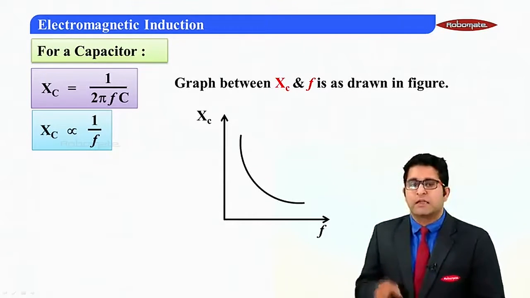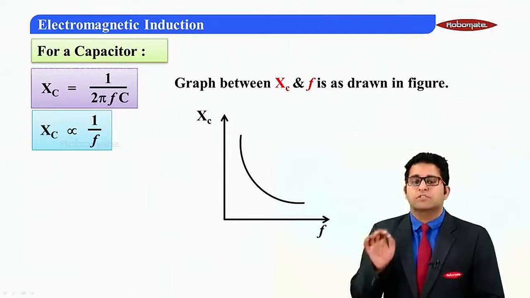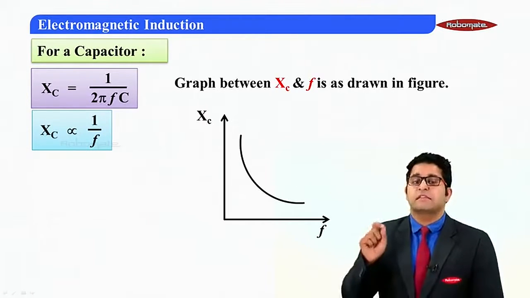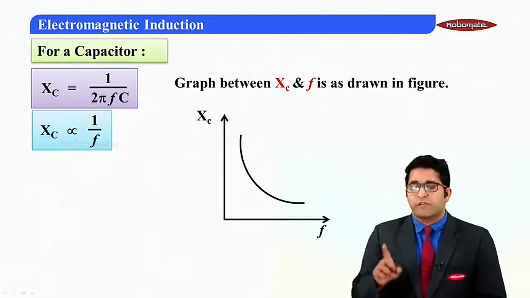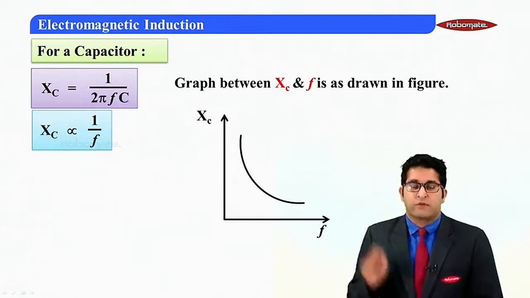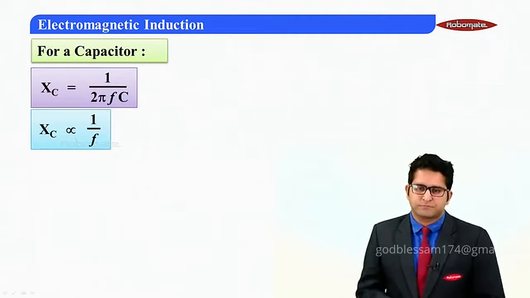For an inductor it was a straight line passing through the origin with XL directly proportional to F, and for a capacitor it is inversely proportional to F. So if we increase F, XL will increase whereas XC will decrease.